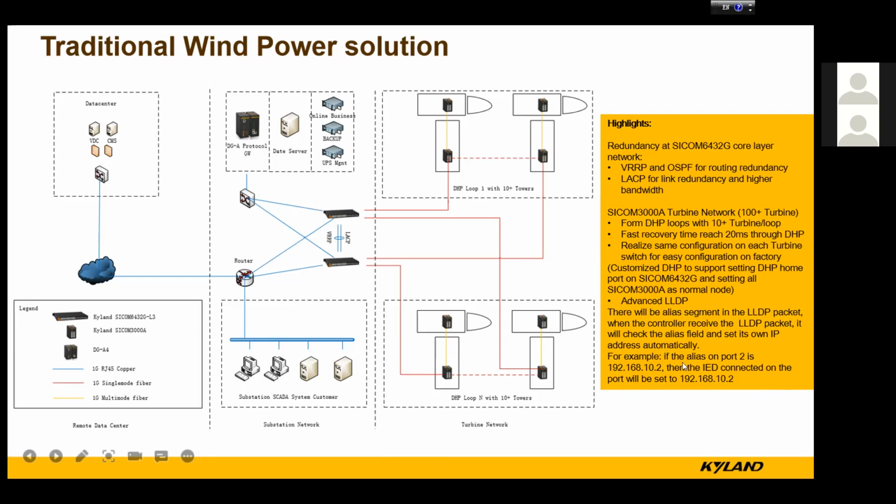For example, if I set the alias on port 2 to be this IP address, then if I connect the PLC on port 2, the LLDP packet will send this IP address. Then when the PLC receives the packet, it will automatically set its own IP address without manually setting a static IP address. So it will save manpower for the customer.